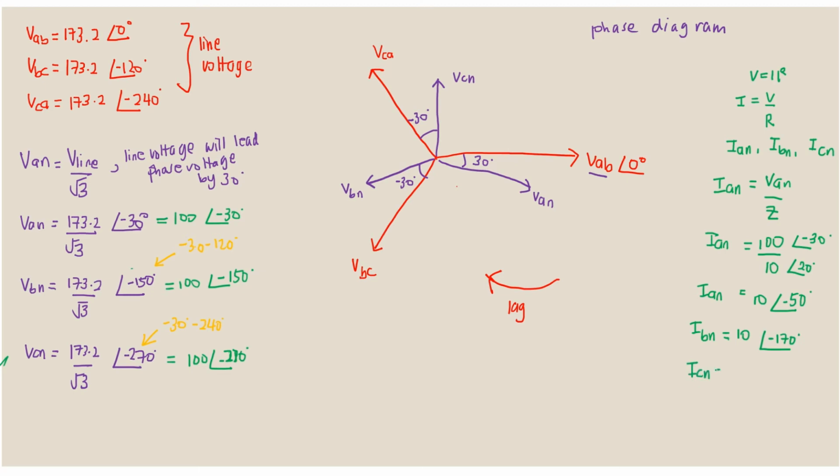ICN is also the same, 10, and negative 270 minus 20 gives negative 290.